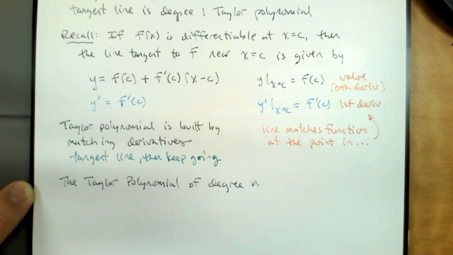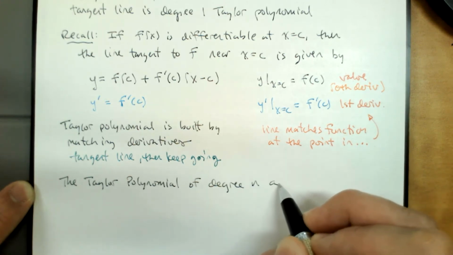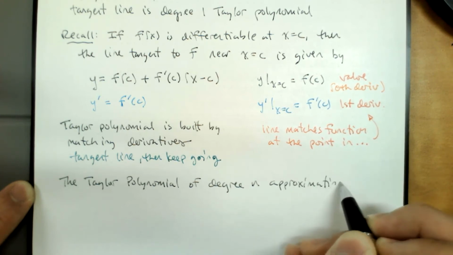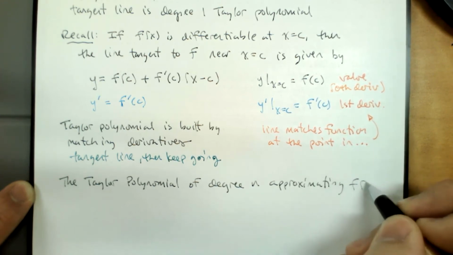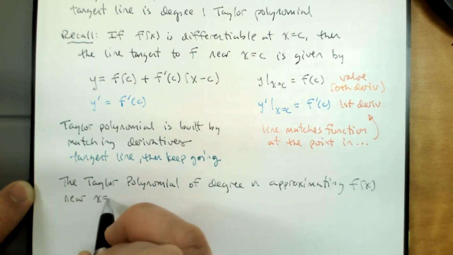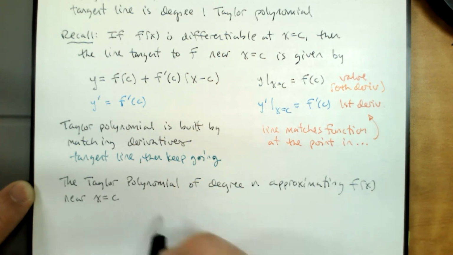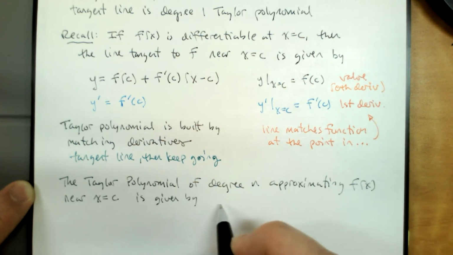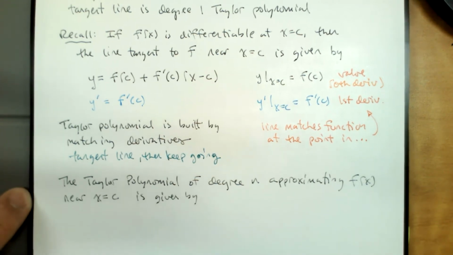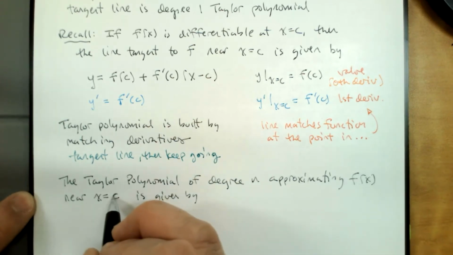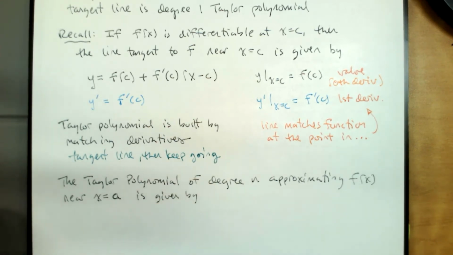So the Taylor polynomial of degree n approximating a function near a point. I think this book makes it look more like your Taylor series.